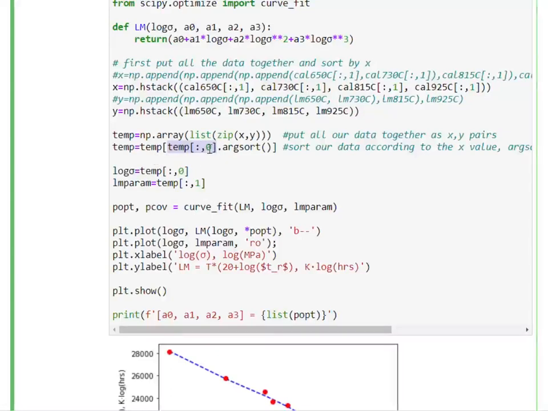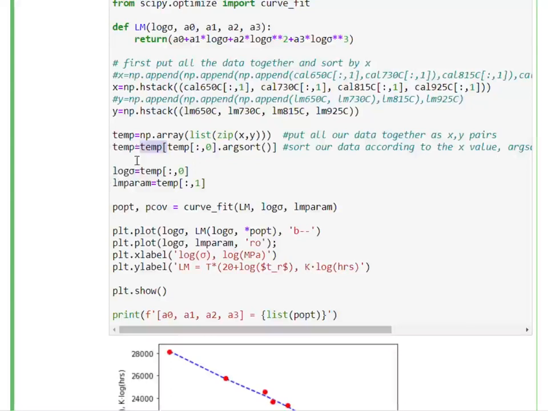I'm going to take the x values and sort them with argsort, and what this does is it returns the indices of each of the positions if it's sorted. Since this gives me all the indices of the sorted array, I just put it back in and it'll pull out each of the values according to this sort. All right, so that's my sorted data.